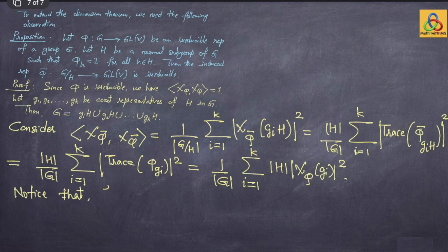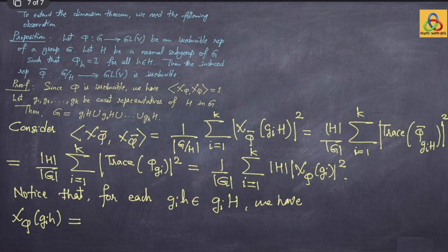Okay, now notice the following. For each element gi times h in this coset giH, we have chi phi of gih by definition is the trace of phi sub gih, which is the same as the trace of phi gi times phi of h, because phi is a homomorphism.